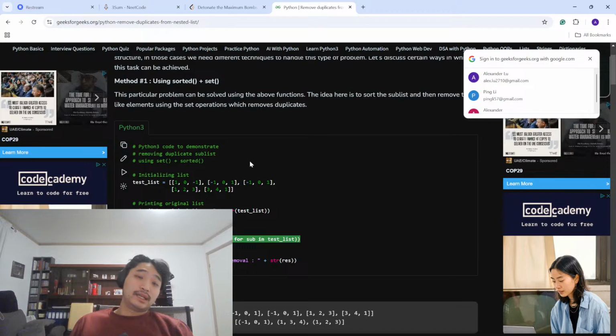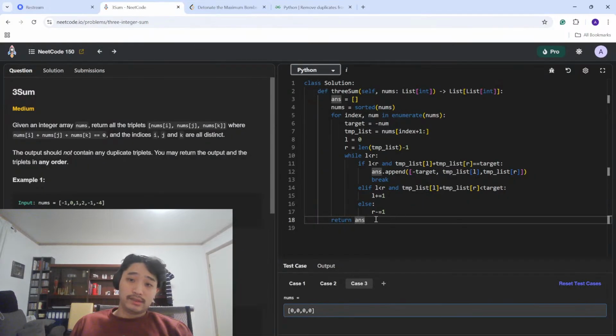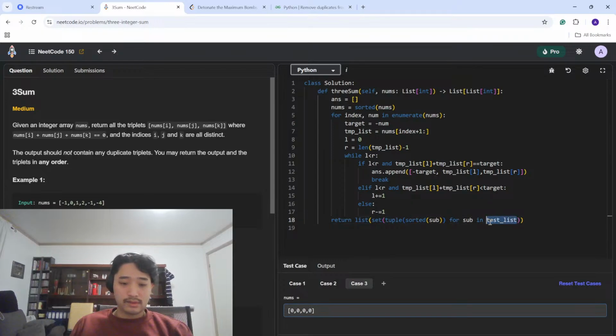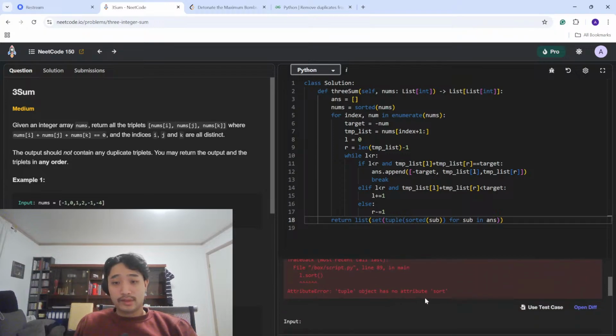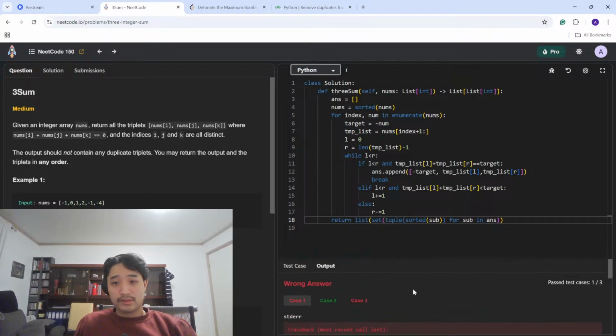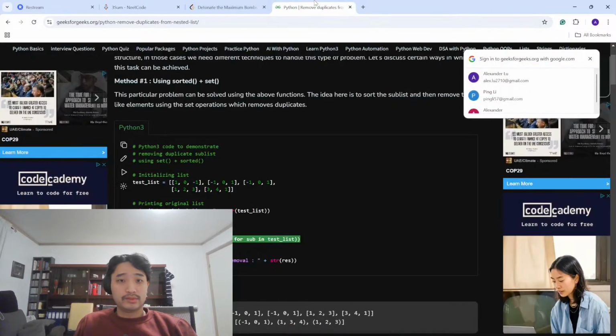I really dislike this. What? Tuple has no... Pardon? So this doesn't even work.